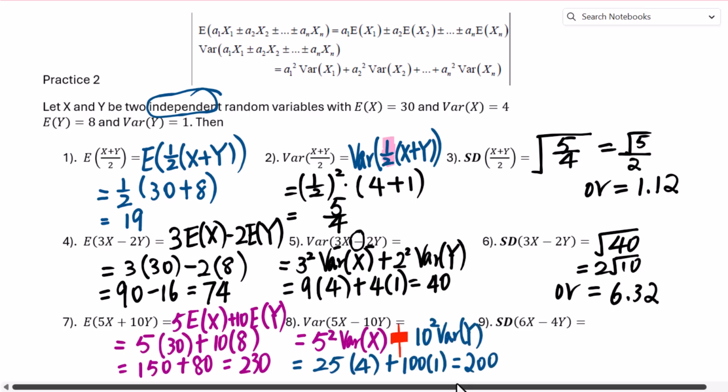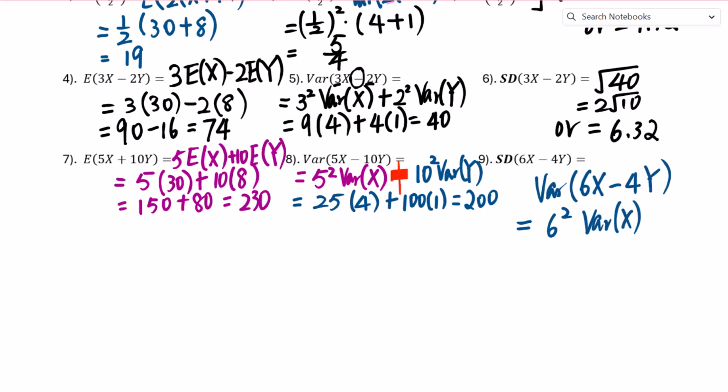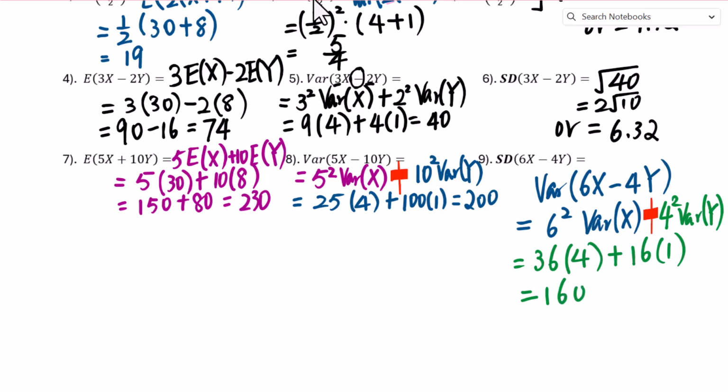Standard deviation of 6X minus 4Y. First step, you need to figure out variance of 6X minus 4Y equals 6 squared variance of X plus 4 squared variance of Y equals 36 times 4 plus 16 times 1 equals 160.